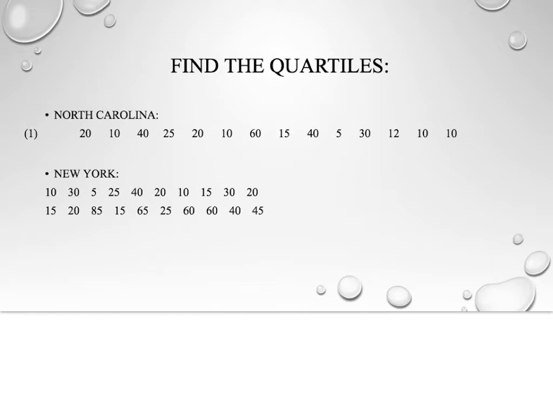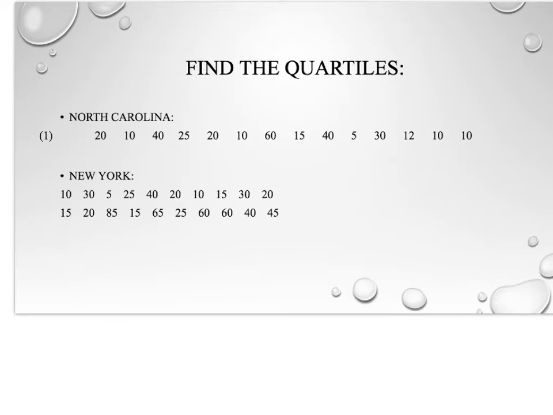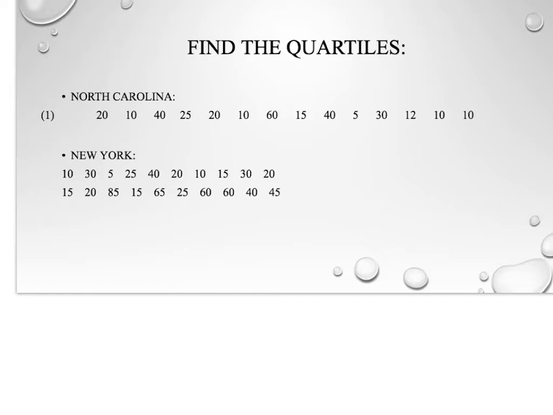So let's do another practice problem. Let's do it just with our North Carolina data. So here's our North Carolina data. We want to find our quartiles. First thing we need to do is find our median, so we need to put our data in order.